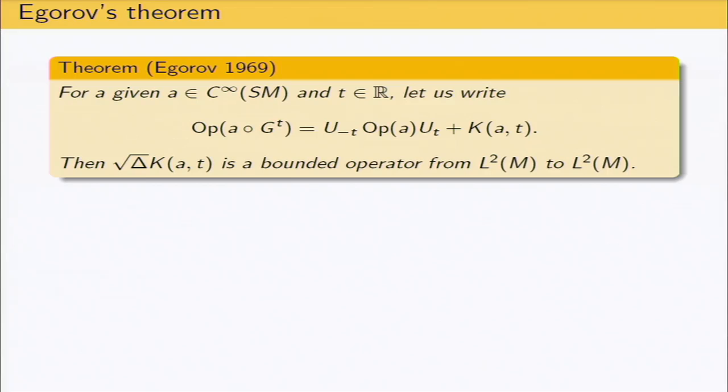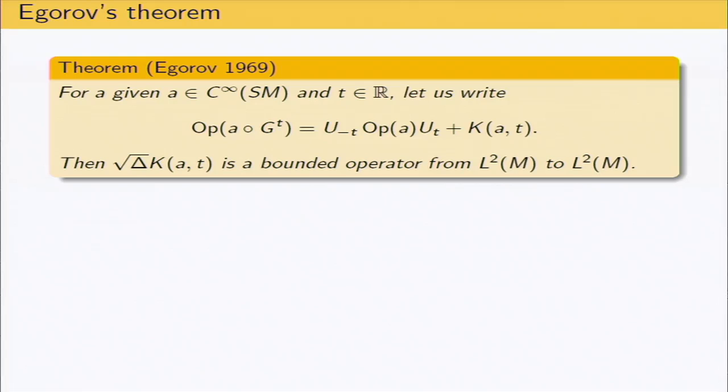But let me just say in more down-to-earth ways that this operator is, well, it's obviously bounded. In fact, it is compact, but not only is it compact, it even remains bounded when you multiply by the highly unbounded operator square root delta. So just read this formula as these two operators being very close to each other.